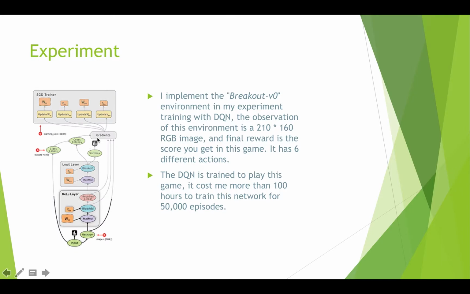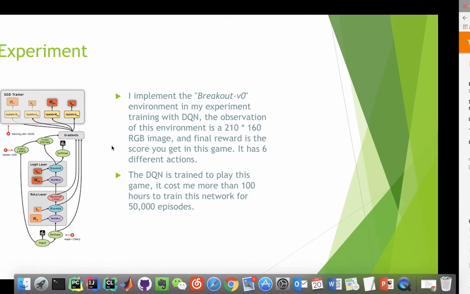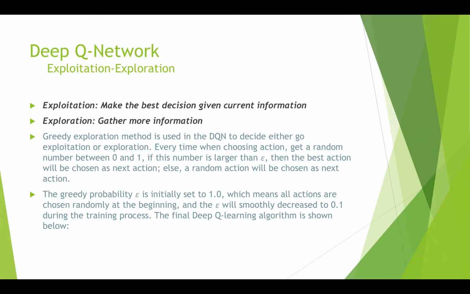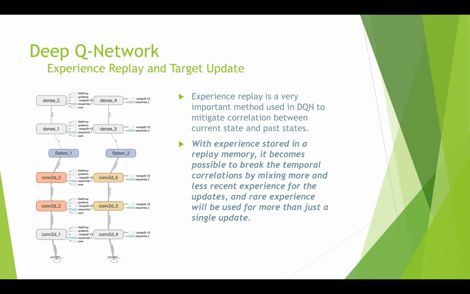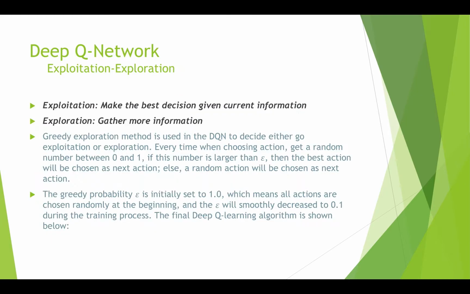In the process of minimizing this loss function, we will update all the parameters in the Q network, the weights and the biases. Okay, now we'll go back here, and this is all the target update to do.